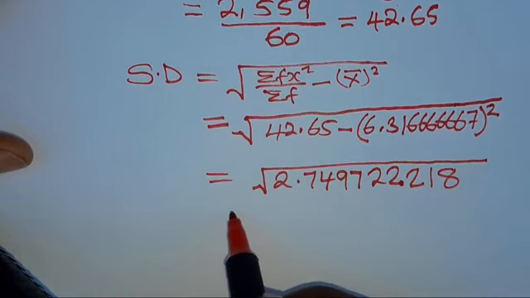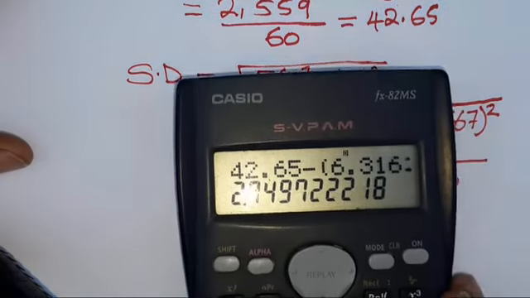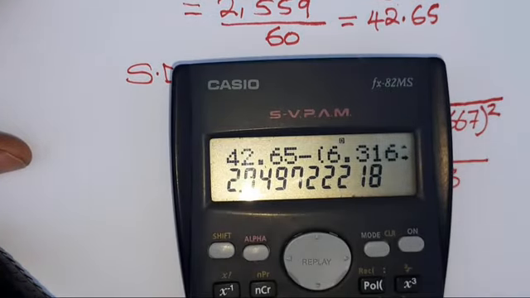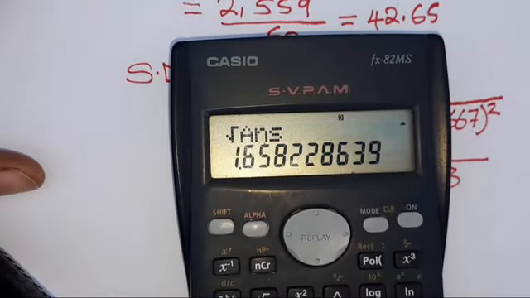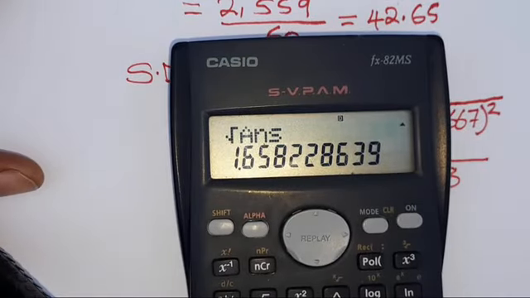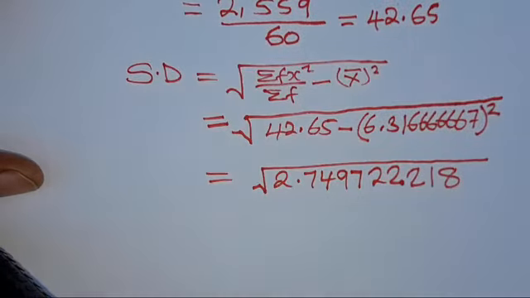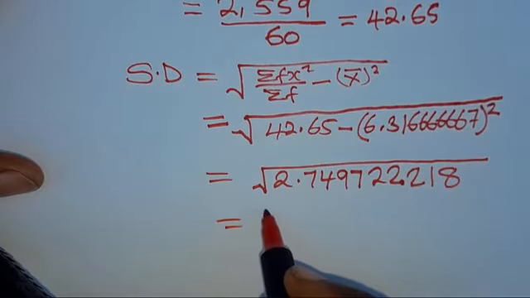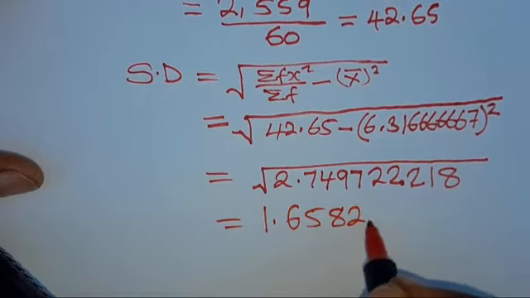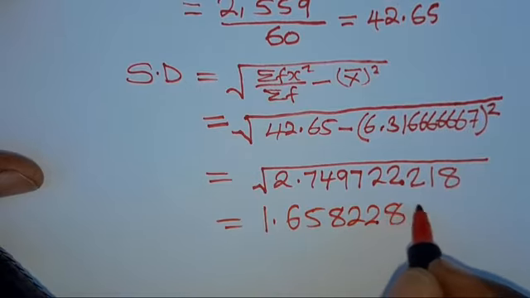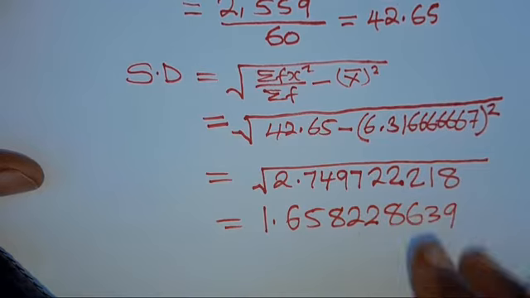Okay? And then you take the square root. So the square root of answer is equal to. So you can see that now the square root is 1.658, so we have 1.658228639.